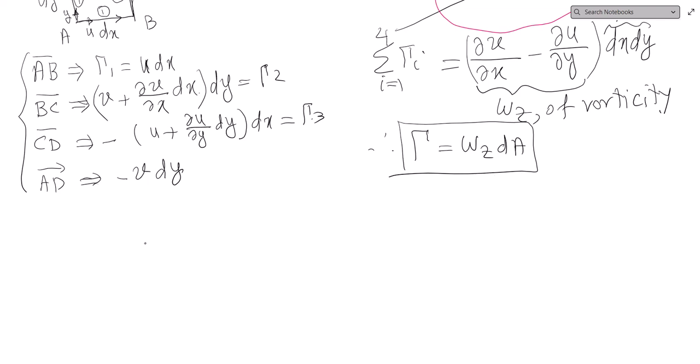And if I want to write it in a more general way, this is u, sorry, I use u and v interchangeably sometimes.